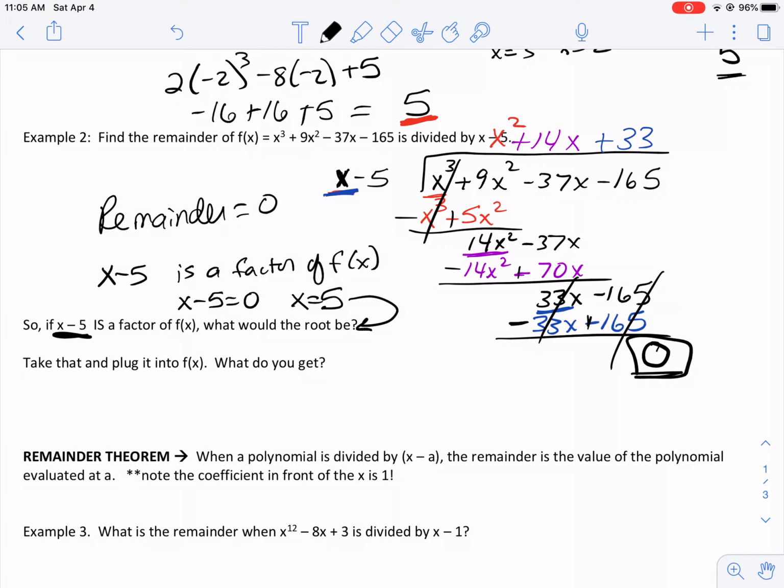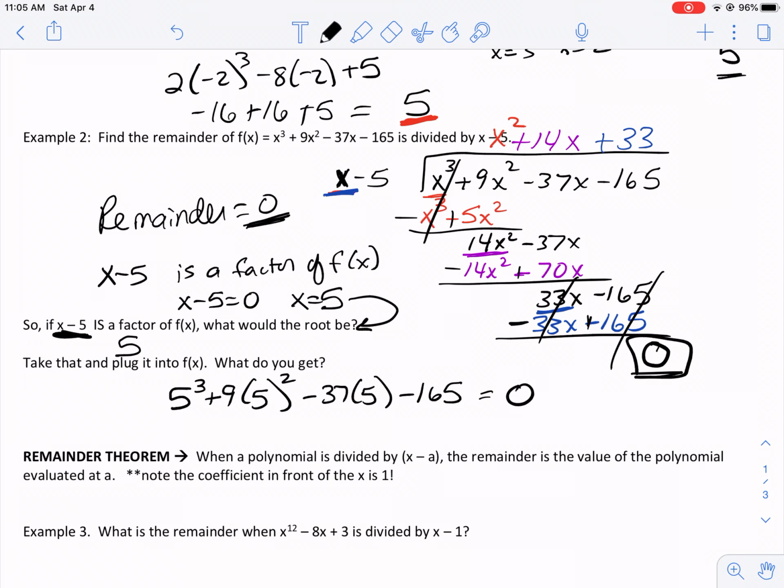So if you're dividing by x minus 5, the root would be a positive 5, but only if your remainder turns out to be 0. Take that and plug it into f of x. So if I take the root of 5 and plug it in, okay, roots have a y value of 0.